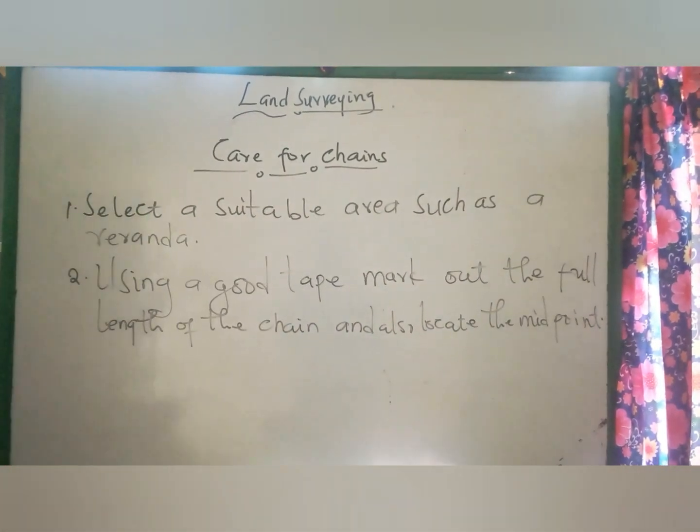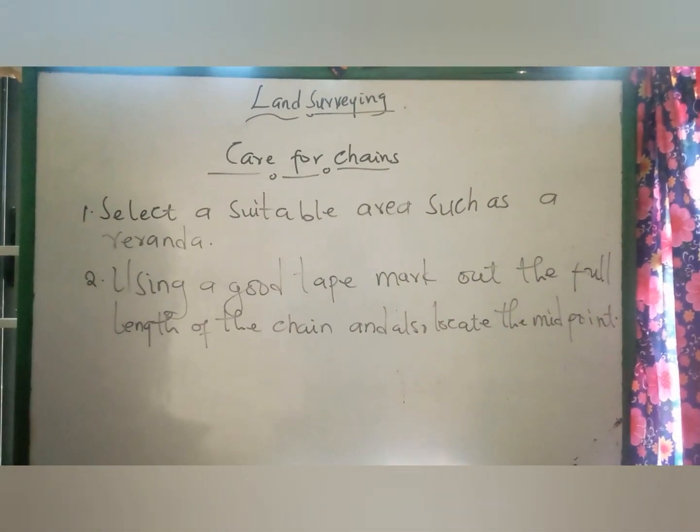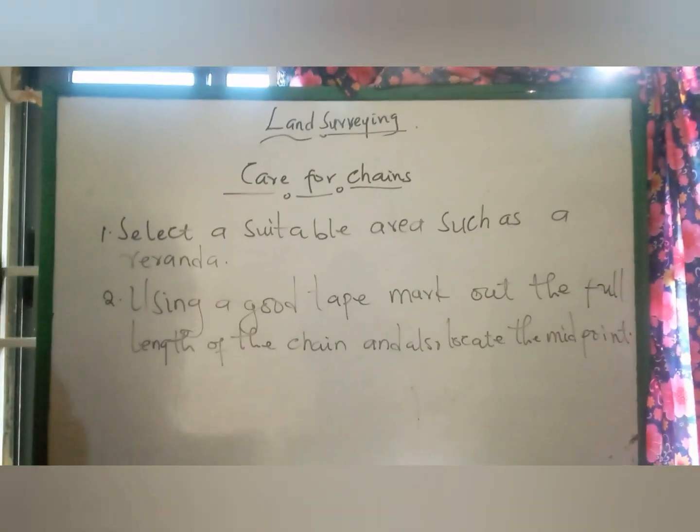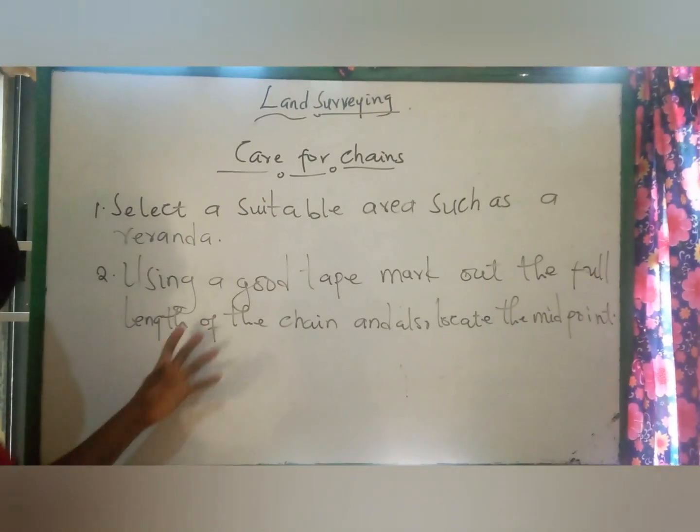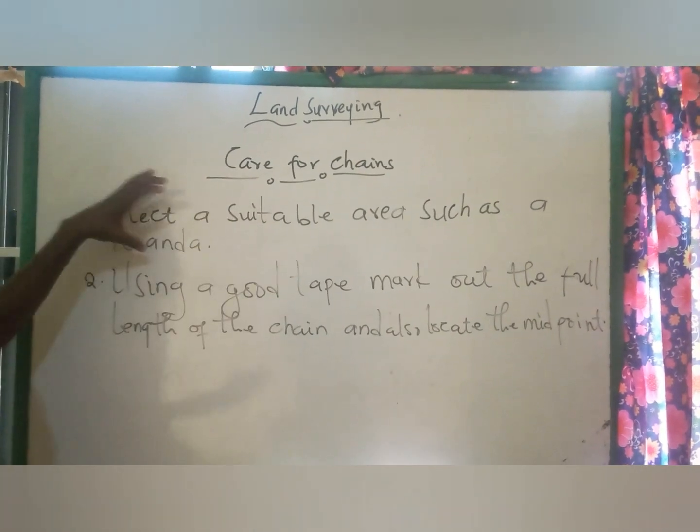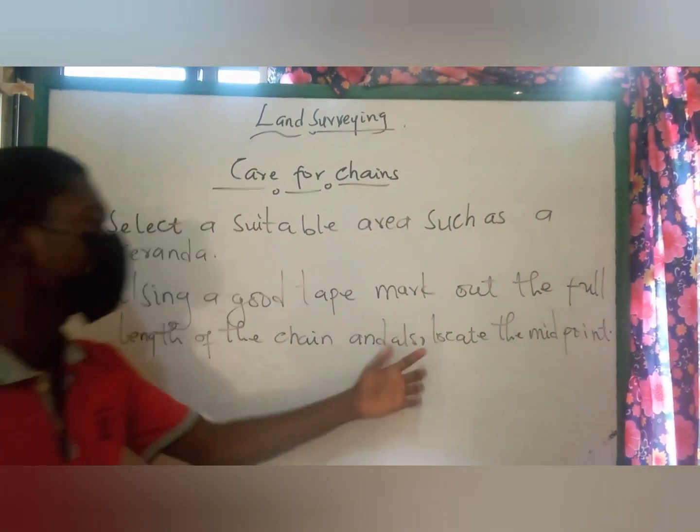So with this, you are going to use a good tape to mark out the full length of the chain to be corrected. That's the chain in question here. And you locate the midpoint.